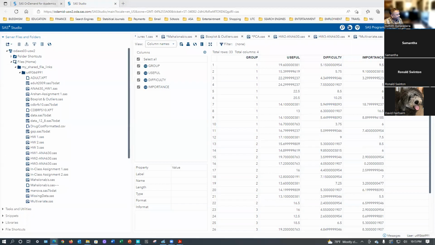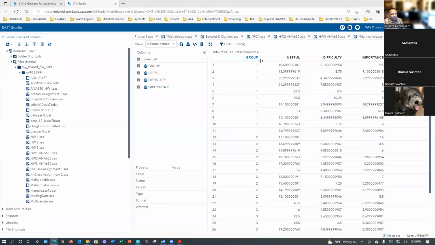Then again, I'm going to check where this data set should be, in downloads. Yeah, MANOVA data. Okay, it's already there. You see that folder? I'm going to make it available under multivariate, data name MANOVA, same data set.